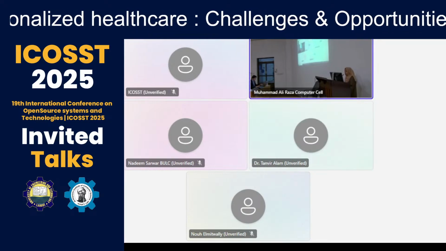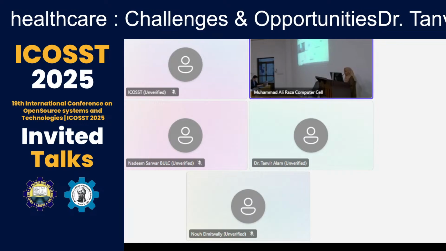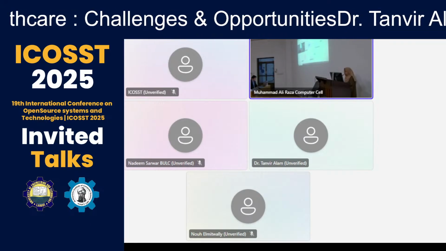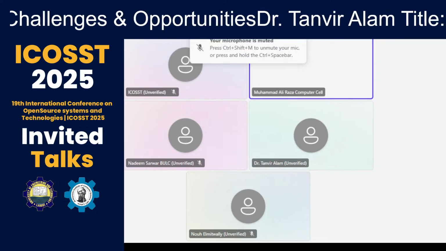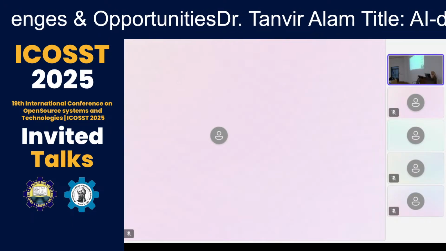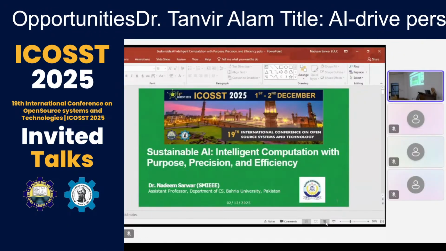Now we have an interesting session by Dr. Nadeem Sarwar with the title of Sustainable AI, Intelligent Computation with Purpose, Precision, and Efficiency. Dr. Sarwar is a distinguished researcher and academic specializing in artificial intelligence, machine learning, IoT, and energy efficient computing. He has authored numerous research papers in international journals. Recognized for his outstanding academic and research excellence, he has received multiple international and national institutional awards.